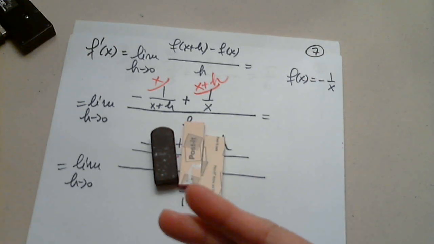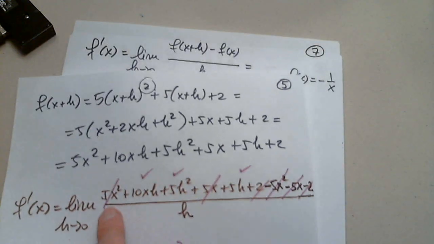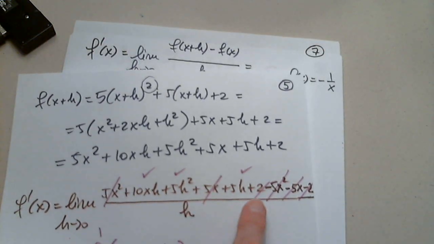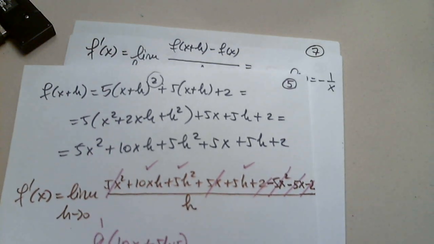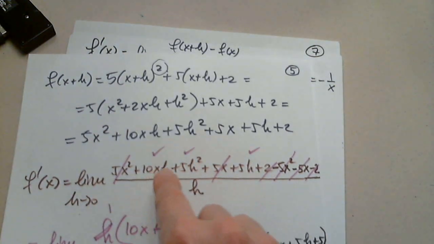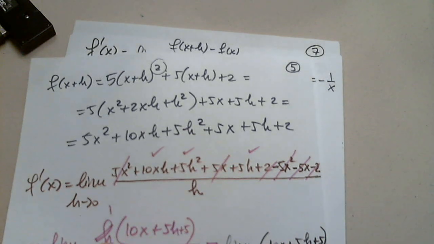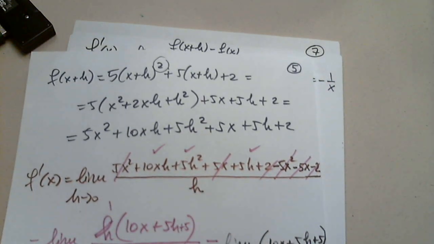So there are two steps. All terms without h must go away. If they do not go away, I cannot proceed. After they do go away, I have to factor out h, because this h in the denominator has to simplify.